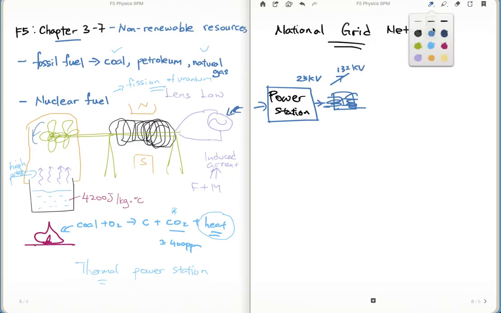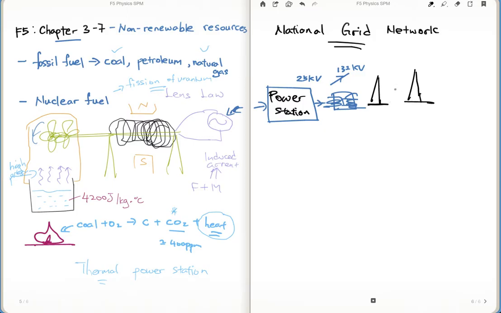The reason why you need to step it up is to reduce heat loss, so that it will then pass through the pylon.